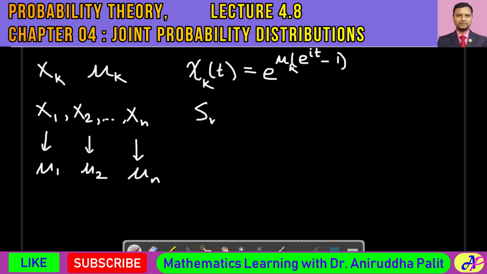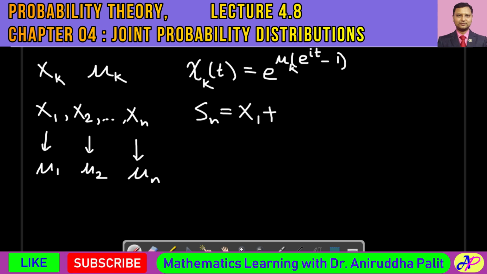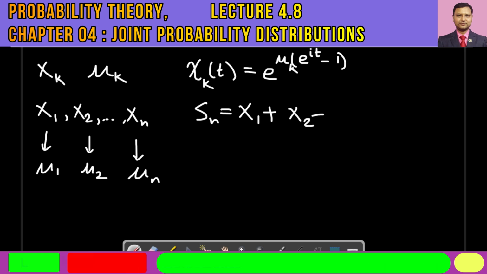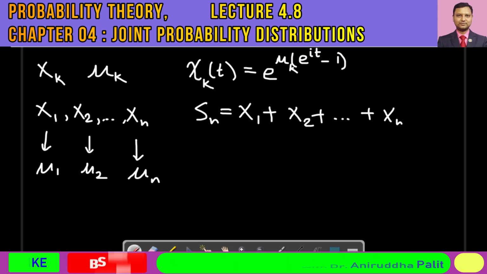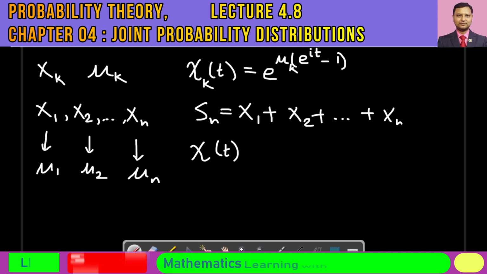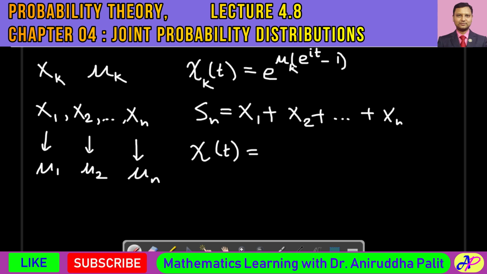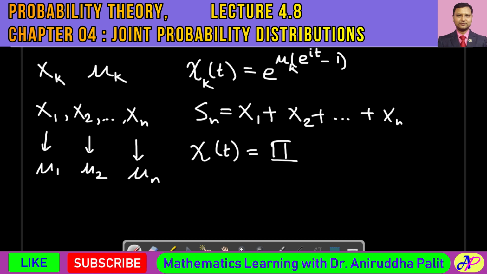Now suppose Sn is equal to the summation x1 plus x2 plus dot dot dot plus xn. By the reproductive property, the characteristic function of this random variable Sn, which we denote by chi of t, is equal to the product of the characteristic functions of all these individual random variables x1, x2, xn.